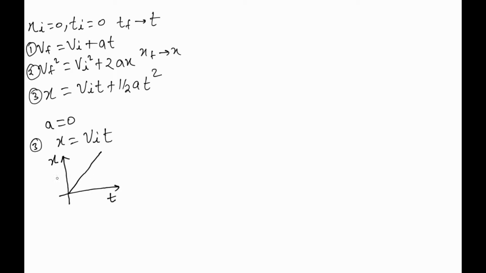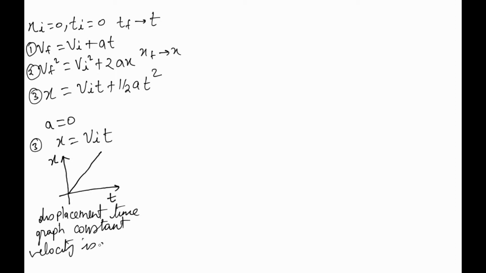So on a displacement time graph, constant velocity is a sloped line. This is already very useful once we go through this.